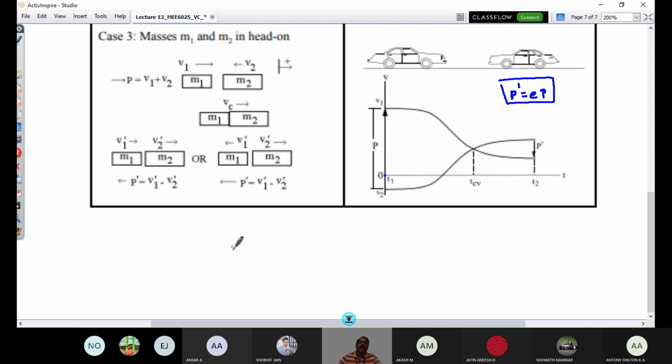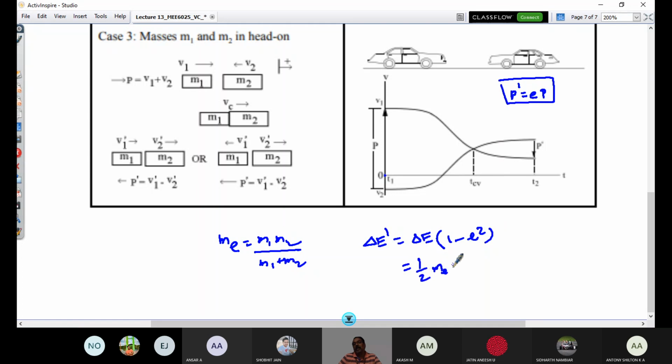You know what is effective mass now, ME equals M1 M2 by M1 plus M2. And the theorem states delta E dash is delta E into 1 minus E square. Now, delta E is half ME P square.